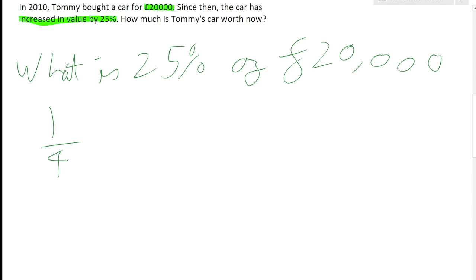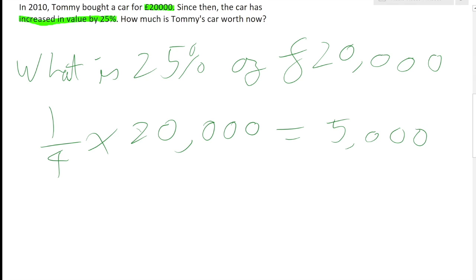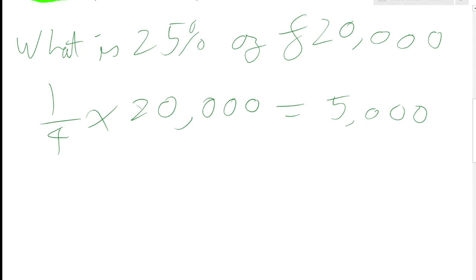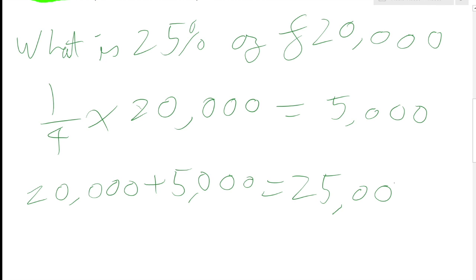A quarter times £20,000 is just 5,000. And because it was an increase, we then have to add that on. So 20,000 plus 5,000 obviously equals 25,000.